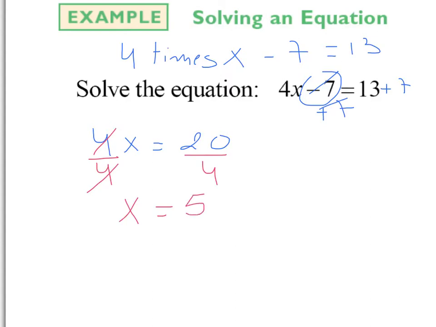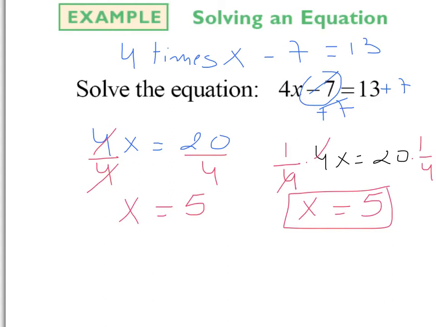Also, if we have 4x equals 20, we can either divide by 4 or multiply by 1 over 4, which is the same thing. It's going to be 5. So the solution set is 5.